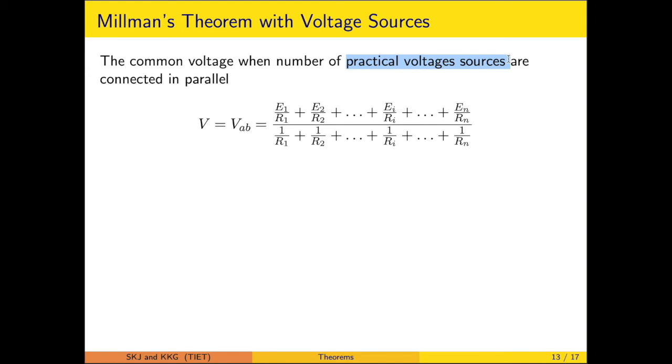Or you can say Ei and Ri are the internal voltage and the series resistance for the ith source. It is difficult to recollect this final expression. It gives anxiety how it has come, but let us see the equation and the schematic diagram.